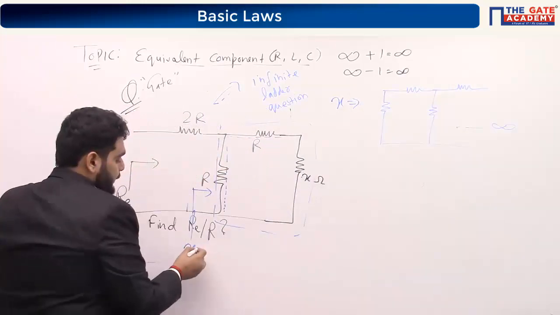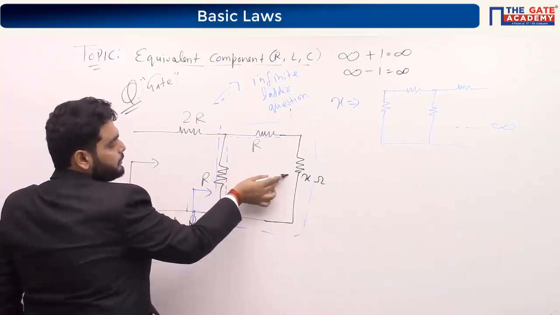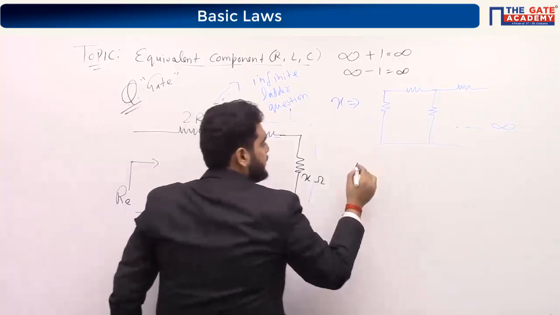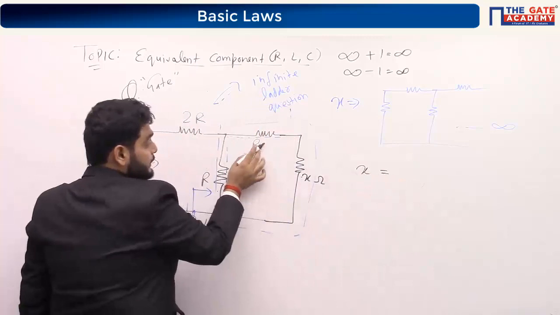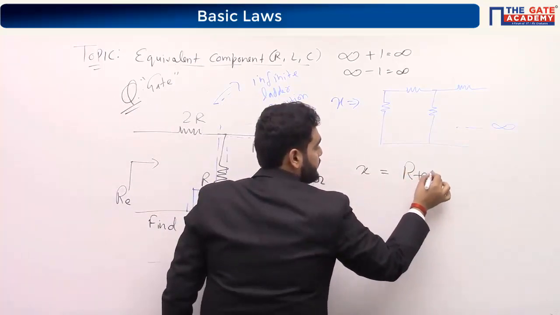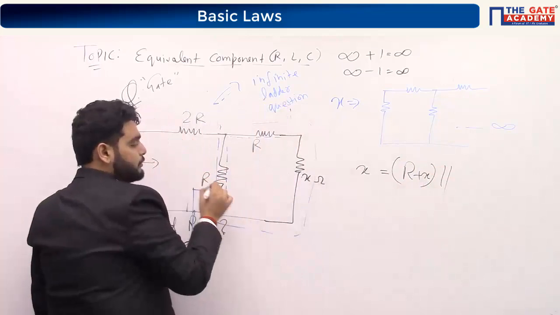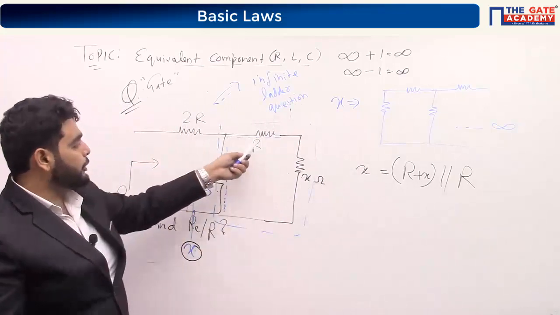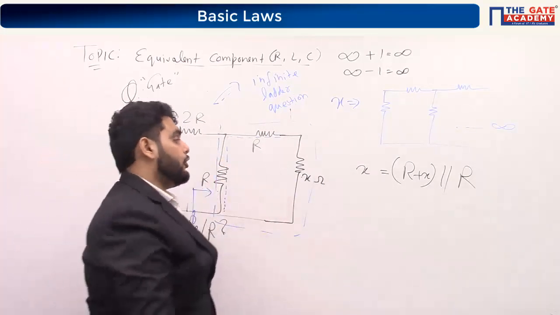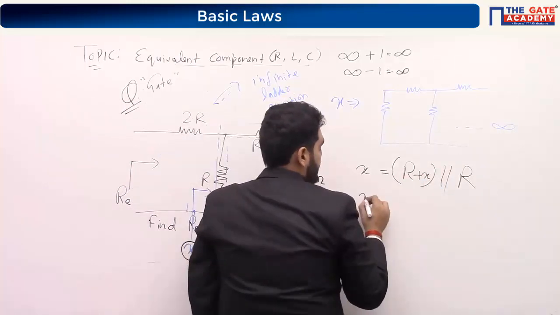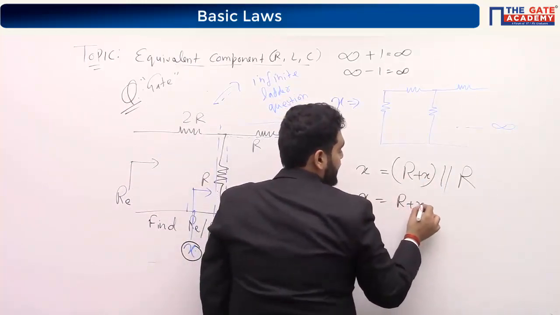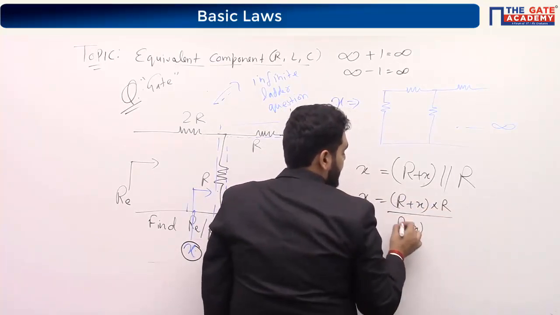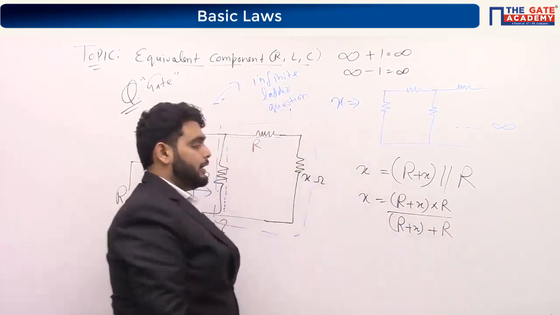So what is the value of this X? These two are in series and parallel with this R, and it is equal to X. So I can write X is equal to: these two are in series, R plus X, and parallel to this one, which is R. So X is equal to (R plus X) multiplied by R divided by (R plus X plus R).